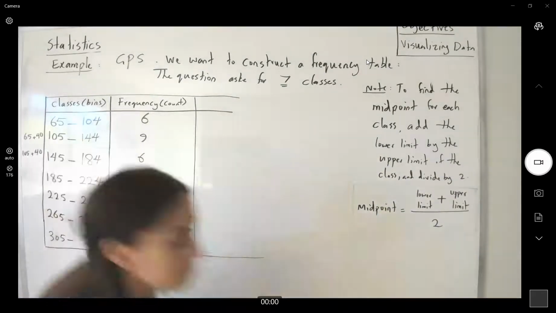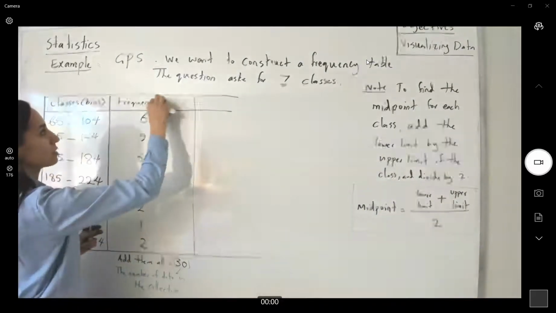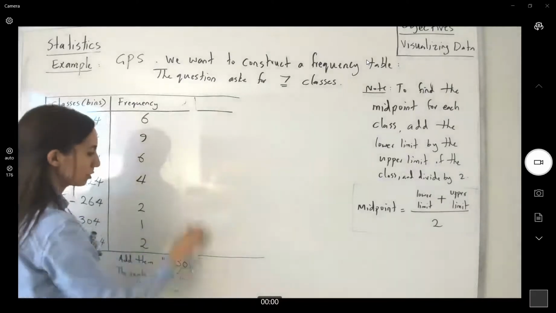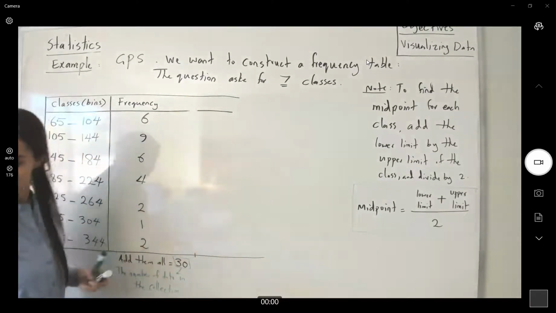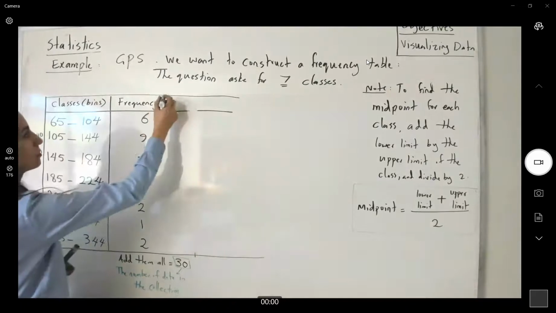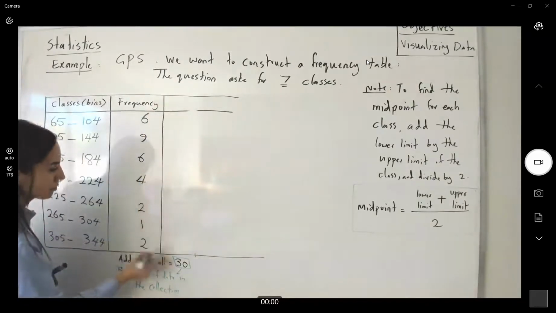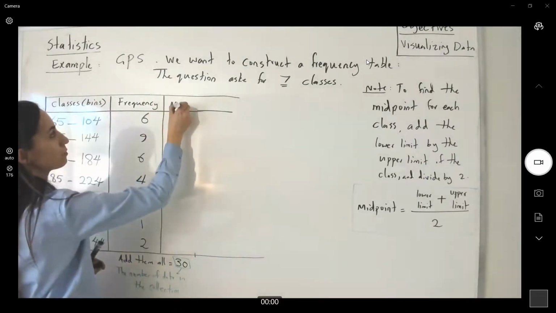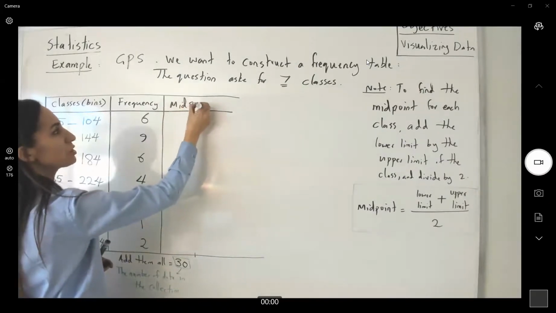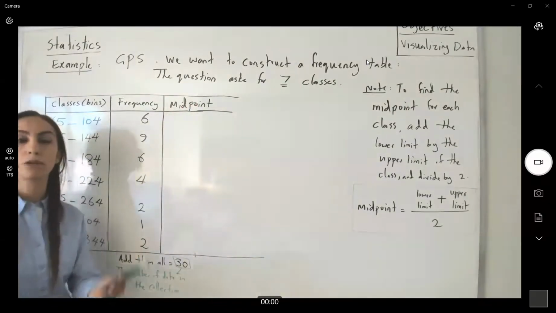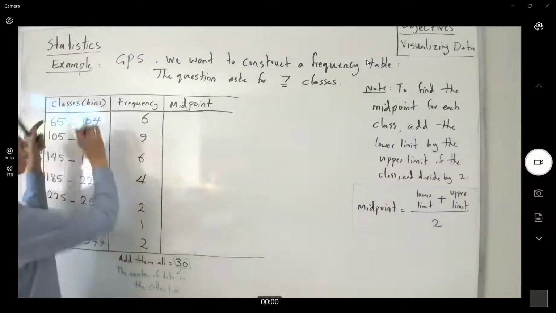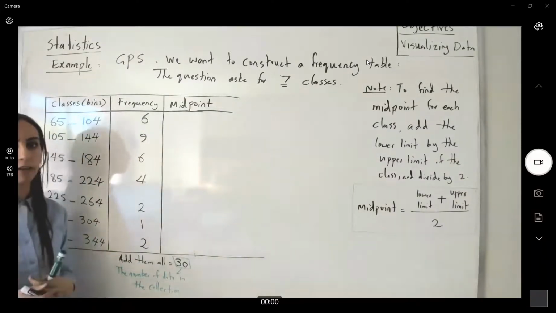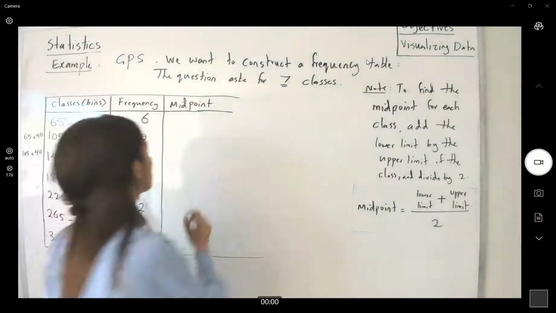Okay, perfect. So let's erase this count, we need a little bit more space. Midpoint. Why do we need midpoint? Midpoint is a good representative for each class. That's why we construct and form midpoints.